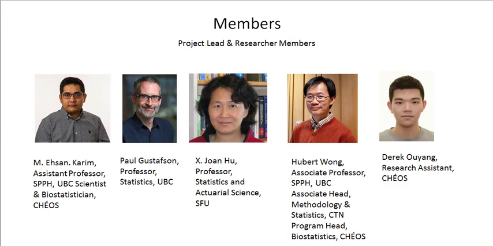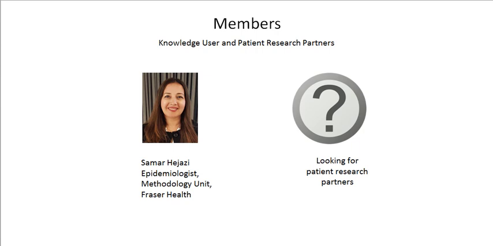Dr. Ong is an associate professor at UBC at the School of Population and Public Health, and Mr. Oh Yang is a research assistant working with this research team. Dr. Samar Hezazi is an epidemiologist at Fraser Health. We will also engage patients as research team partners for their valuable input.